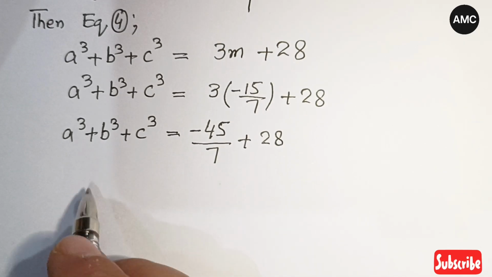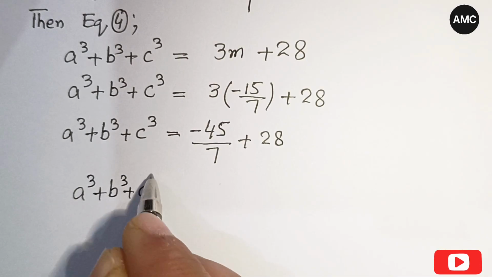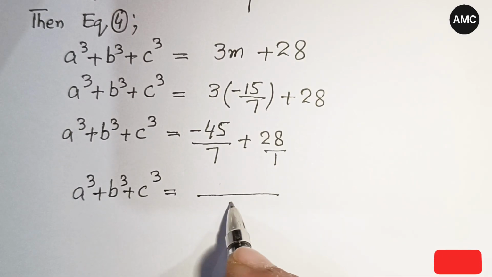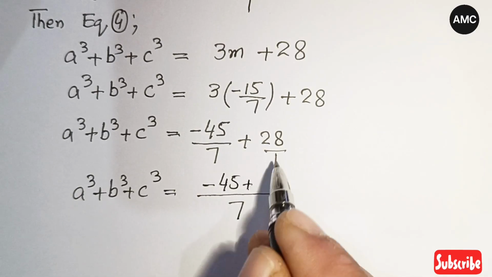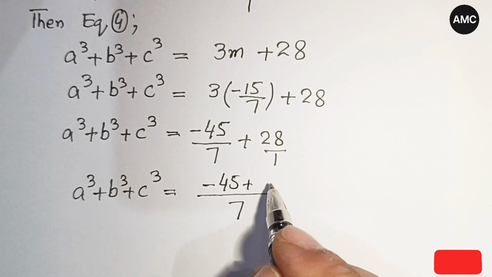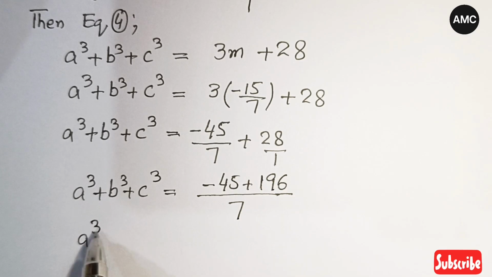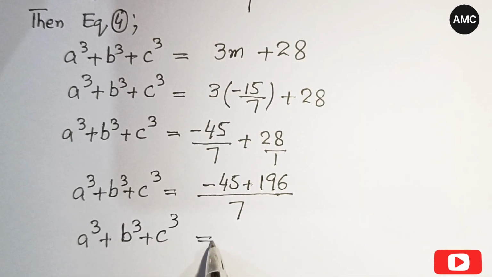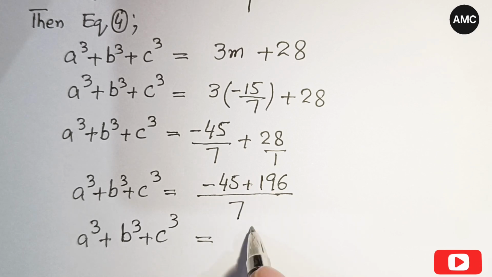So a cubed plus b cubed plus c cubed is equal to, here we have one denominator, so taking the common multiple, which is 7, we get minus 45 plus 28 multiplied by 7, we get 196. Now our final step is a cubed plus b cubed plus c cubed is equal to 196 minus 45, we get 151 over 7.